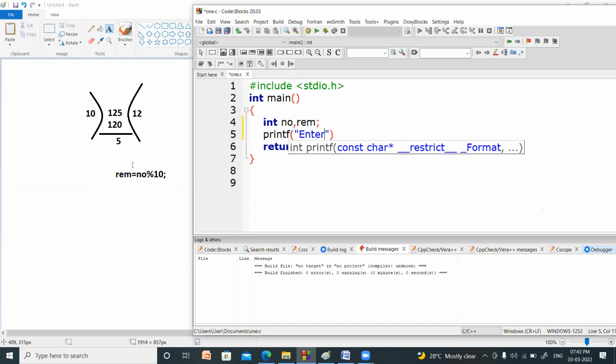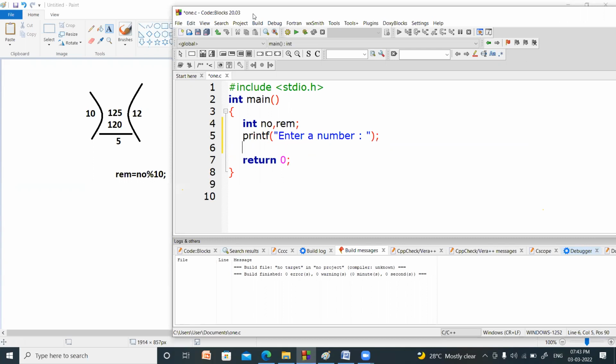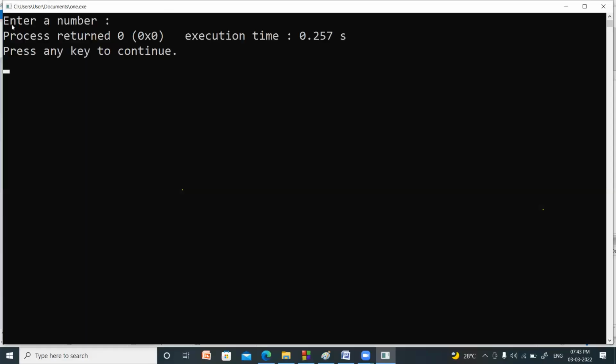Printf, enter a number. The computer is asking to enter a number. See, how does the computer talk with you? If the computer wants to talk with you, it prints the data on screen. Now execute this program. This will be printed on screen. See, the computer asks to enter a number.